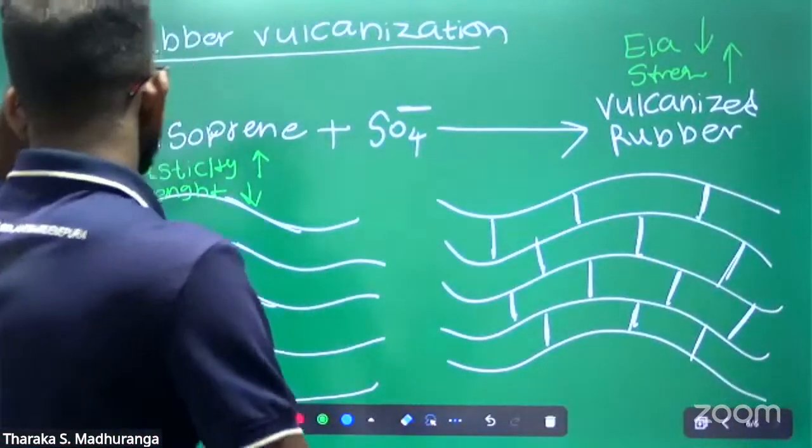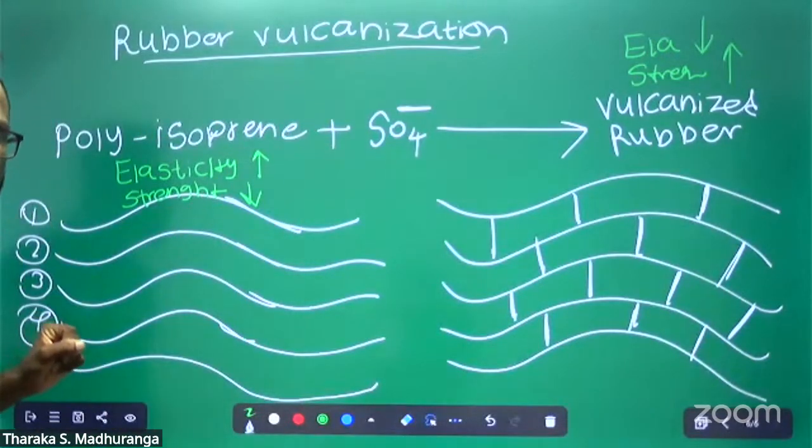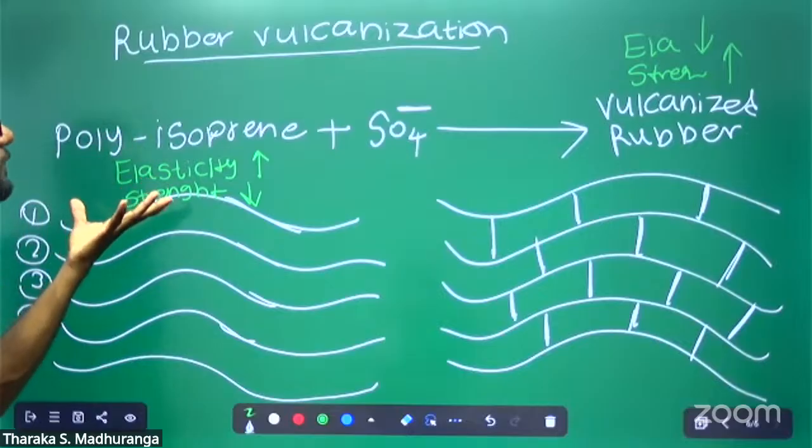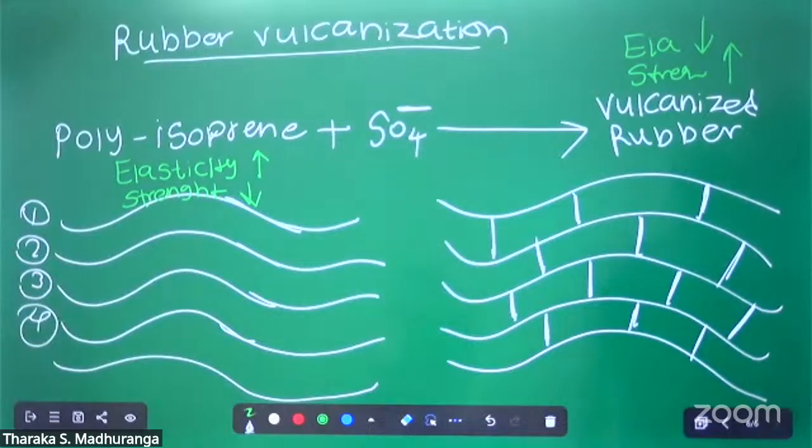You can understand if you do this short note. I think you can get the story very easily. Vulcanization only reacts with sulfur.